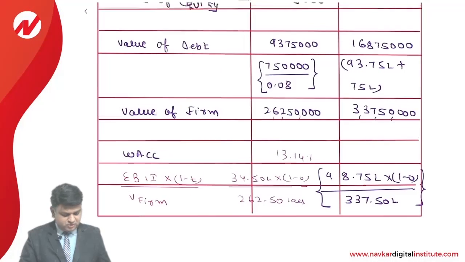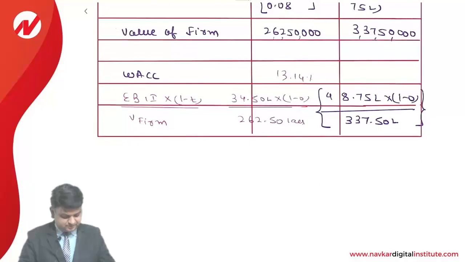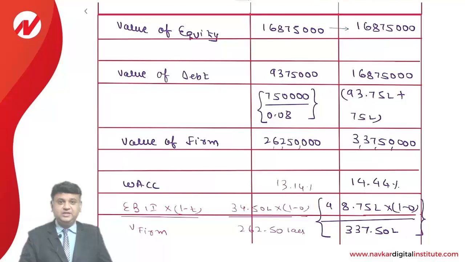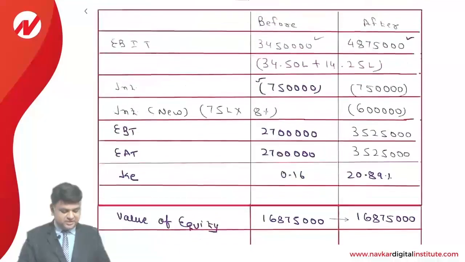Whatever the answer, into 100. So 48.75 divided by 337.5, that comes to 14.44%. This is the way the weighted average or overall cost of capital can be calculated.